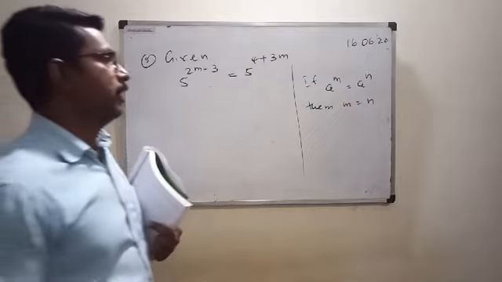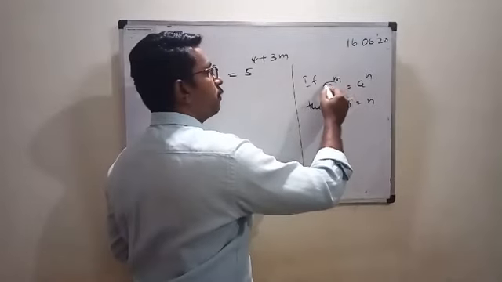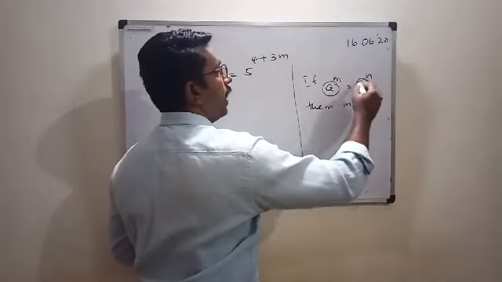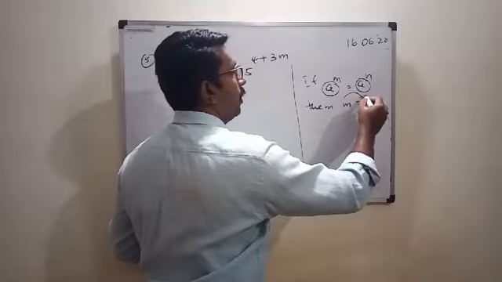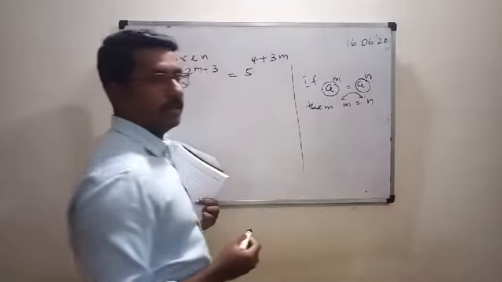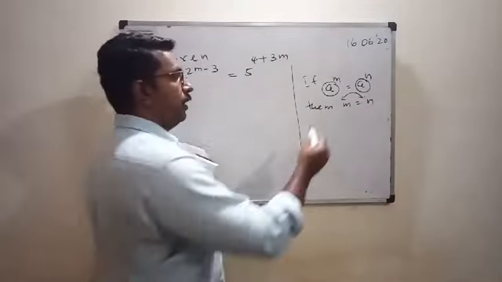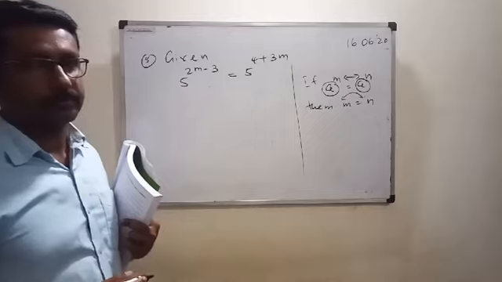What is this one? If two exponential numbers have the same base, then their powers are equal. Okay? Two equal exponentials, because you see a to the power m is equal to a to the power n. Both have the same base. That means their powers are equal.